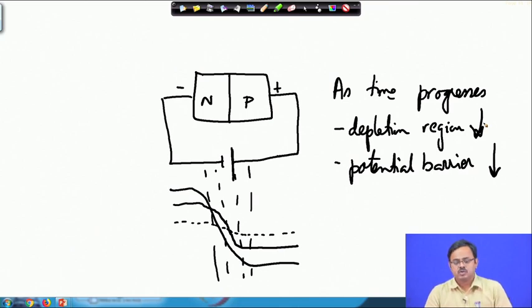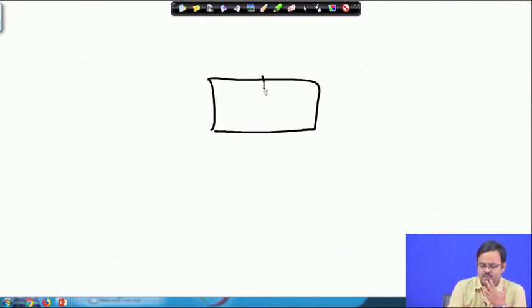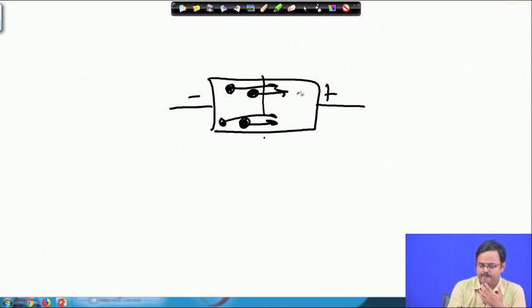So finally, you reach a stage where you will have migration of electrons, these electrons that are darkened, and then you have holes which are going to migrate from the P side to the N side.